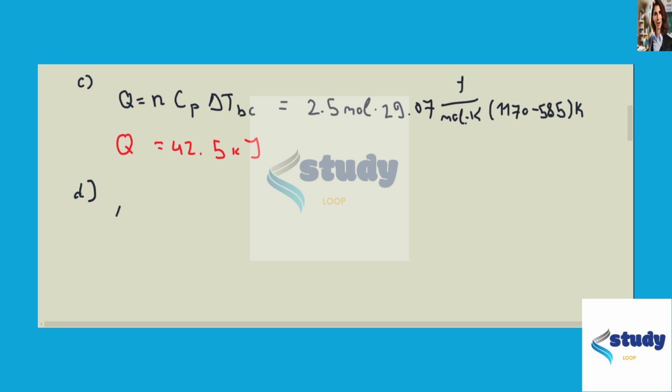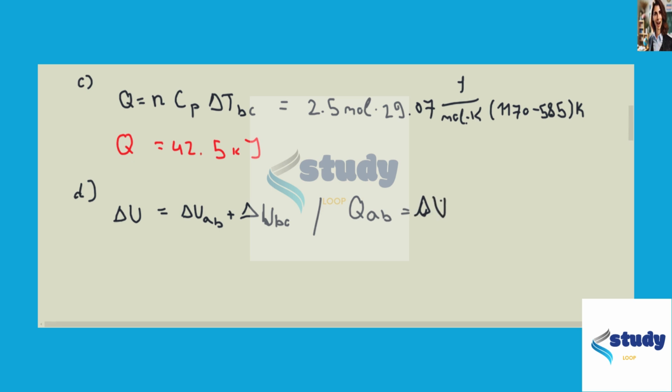So we know that the total change in internal energy, similar to the work done, is the addition of the change in internal energy from A to B, plus the change of U from B to C. In the process AB, since the volume is constant, the work done is zero, so we can say from the first law of thermodynamics that Q AB equals delta U AB plus work, which is zero.